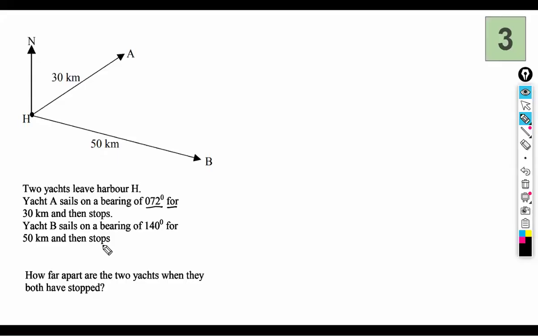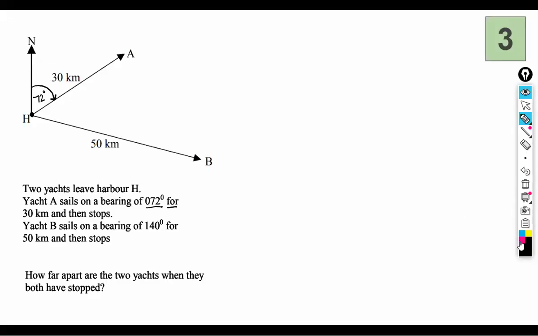So I guess they didn't use the word from, but obviously they're leaving the harbor. So how much people got this angle here as 72 degrees? They realize that it's 72 degrees there. So in order to reach point A, you face north and turn 72 degrees clockwise.